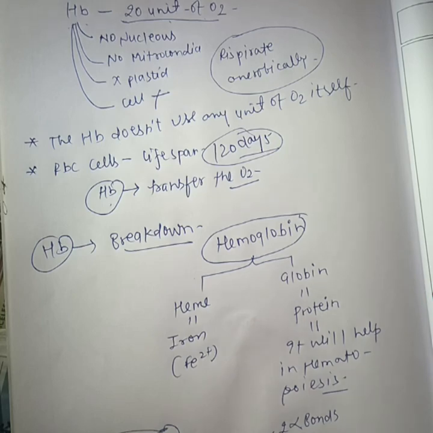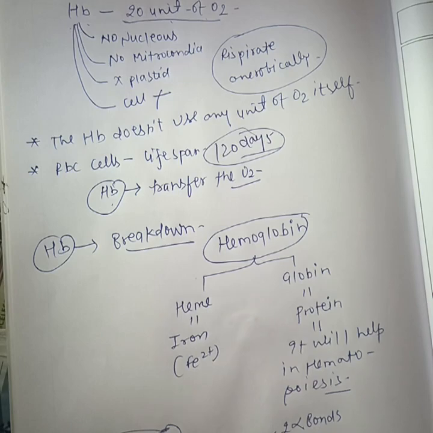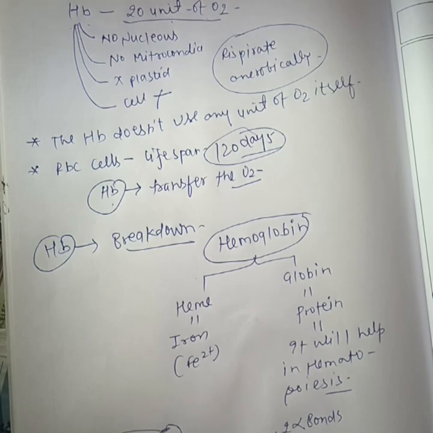When the hemoglobin is broken down, it will decompose into two parts, one is heme and one is globin. Heme is the ferrous part, that means the iron part, which lies in the form of Fe2 plus, ferrous ion. Second is the globin, which is a protein. It will further help in the process of hematopoiesis.